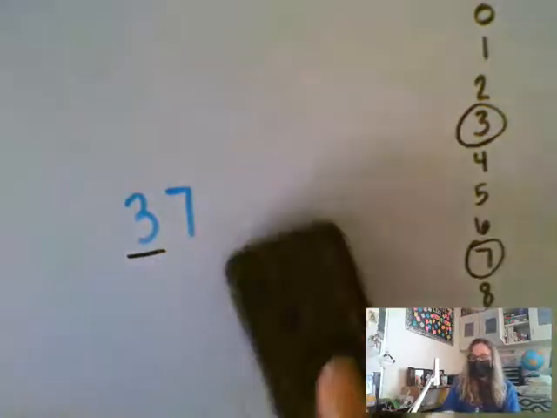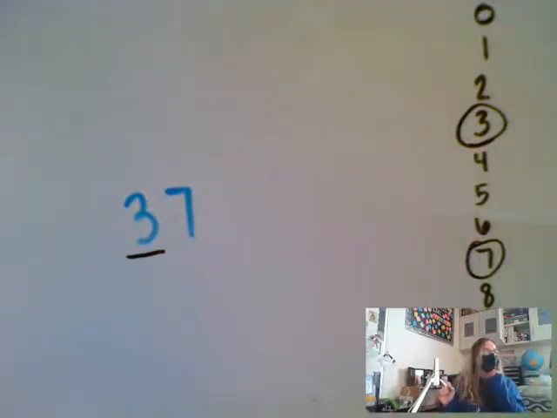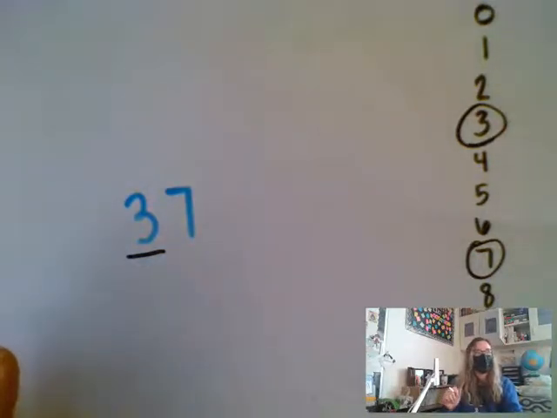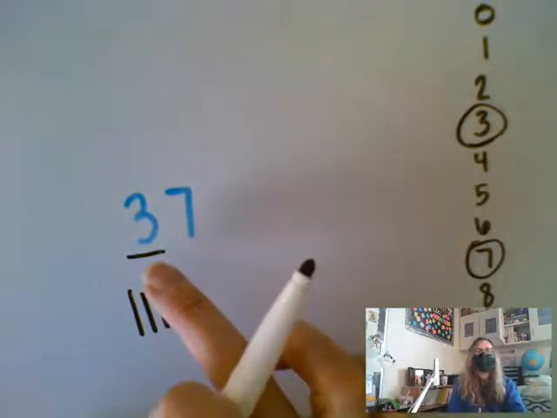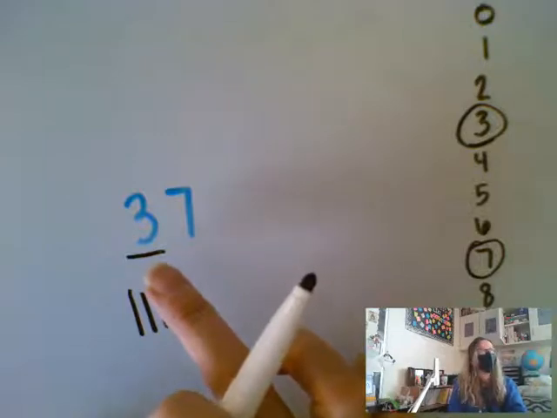Have I underlined my tens or my ones? Johnny? Tens. So if I asked you, Johnny, what is the value of the underlined digit? The value is not 3, is it? No. What is the value of that underlined digit? 3 tens makes what, Johnny? 30. 10, 20, 30. So the value of this 3 is not 3, it's 30.